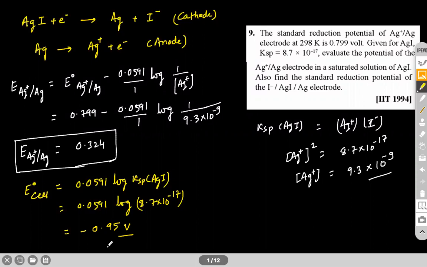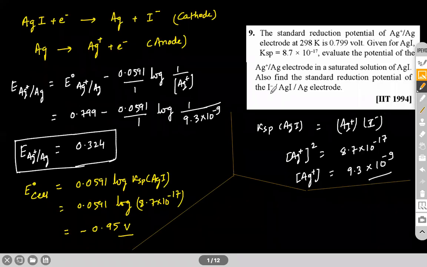Now you see this E naught cell is equal to what we can write further, because we need to find out the standard reduction potential of this electrode, I minus to I plus and Ag+ to Ag.